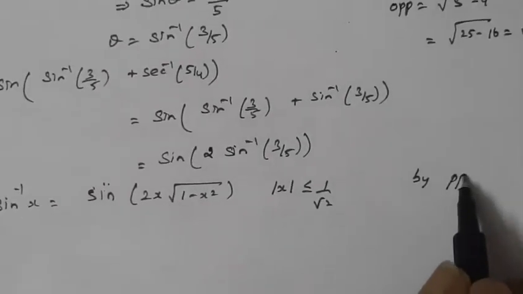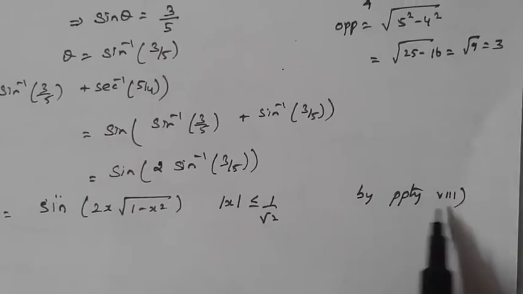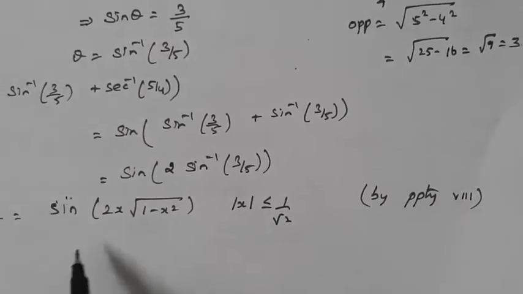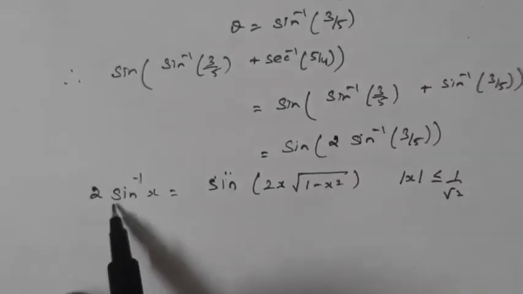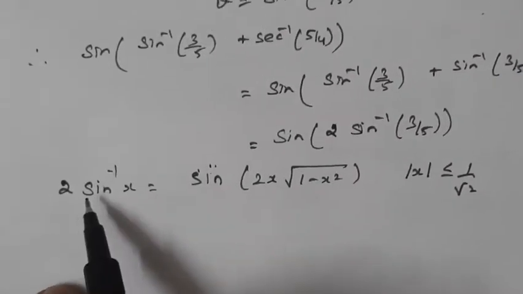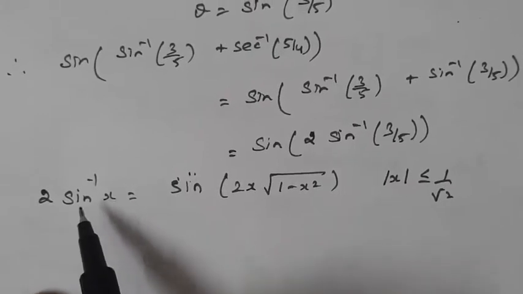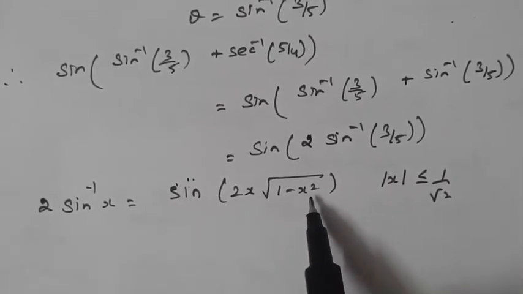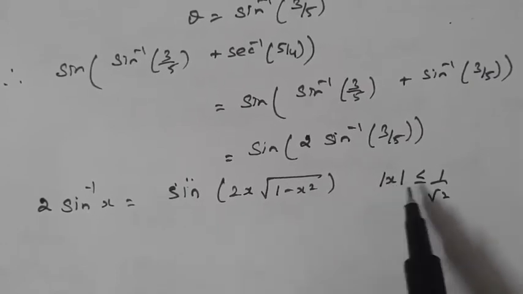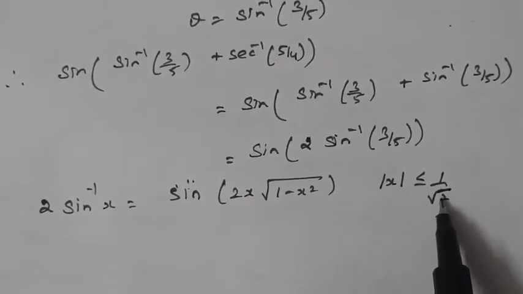This is property 8. By one of the identities in property 8, we have a formula for 2 sine inverse of x. So what is the formula for 2 sine inverse of x? It is sine inverse of 2x into root of 1 minus x squared, where modulus of x is less than or equal to 1 by root 2.